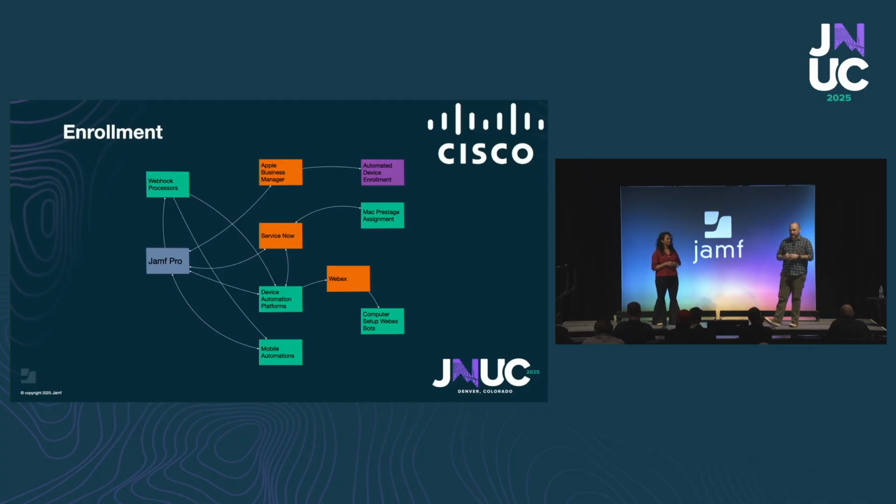We want them to start off with a good experience. And that means for Cisco, a lot of our integrations and workflows happen here, because we want that first step to be really good for those users. So we're going to start off talking about mobile enrollment and specifically how Jamf webhooks play into that. So I'm going to hand it off to Tinu to tell you more.